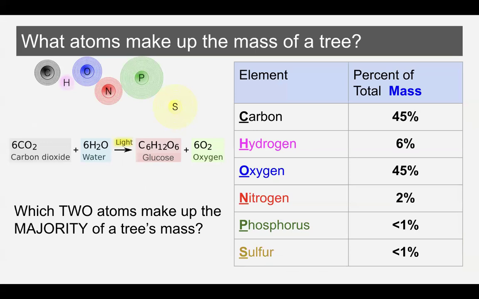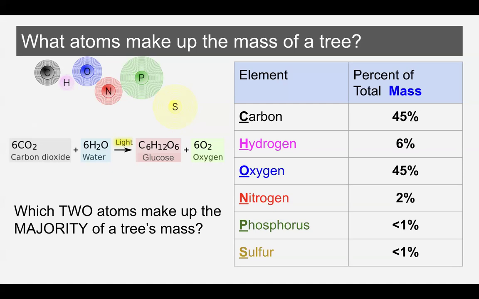Question number 2, what atoms make up the mass of a tree? So remember, the atoms that make up living things are carbon, hydrogen, oxygen, nitrogen, phosphorus, and sulfur, CHNOPS. If you look at the table to the right, this is a breakdown of a tree by mass and how much of the mass is made up of each of these 6 elements.